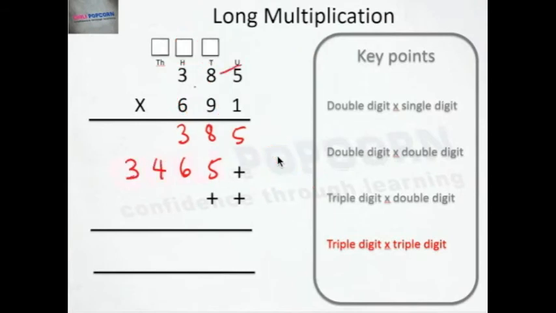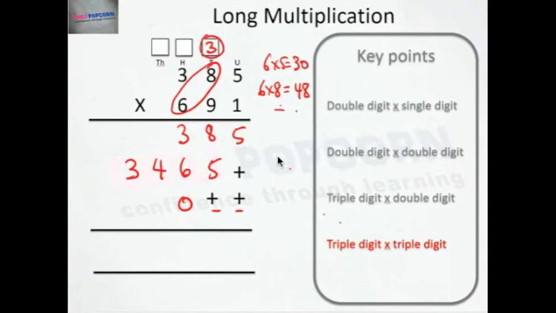Now we do the 6s and multiply those out. 6 times 5 is equal to 30, so that's 0. Remember again we have the plus and the plus. So you've got 0, carry over 3. Now we do 6 times 8, which is equal to 48, plus the 3 that we carried over. So 8 plus 3 is 11, carry over 1, 4 plus 1 is 5.